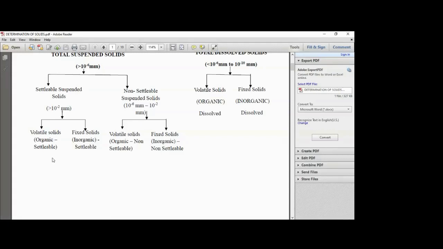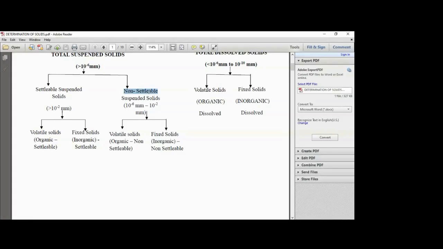And what is that 200 gram? The 200 gram which has remained is nothing but the fixed solids. So the ash that is going to remain is nothing but the fixed solids here. I'm expecting that you have understood the difference between the volatile solids and fixed solids. So wood is a volatile solid, and the ash that is getting generated after burning is nothing but the fixed solids, right?